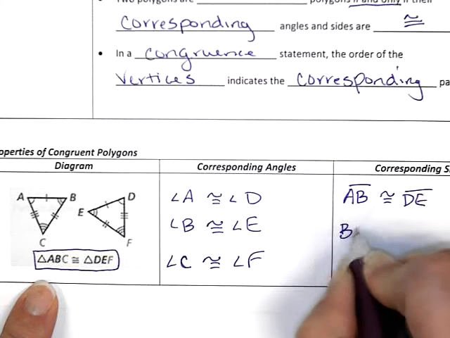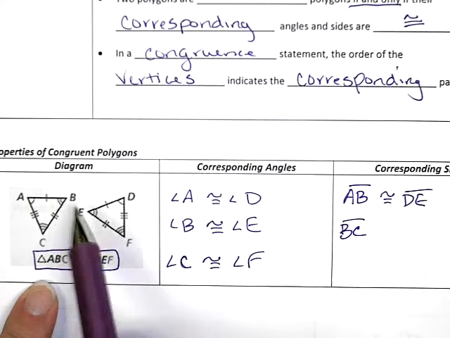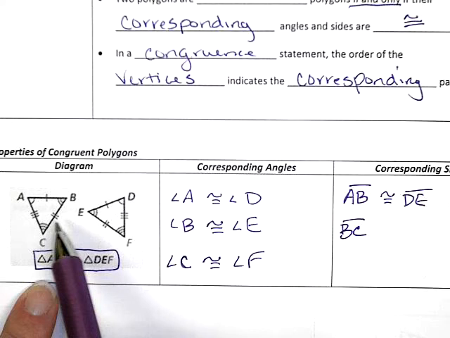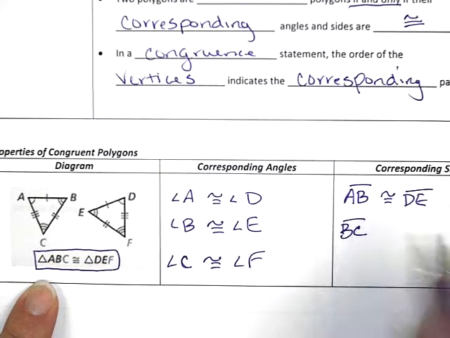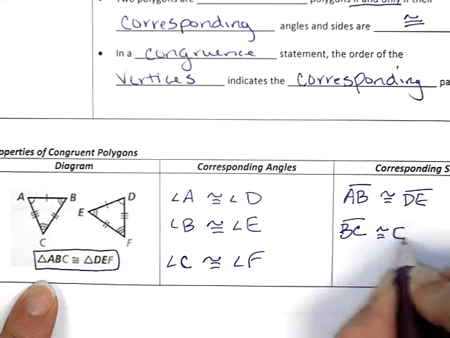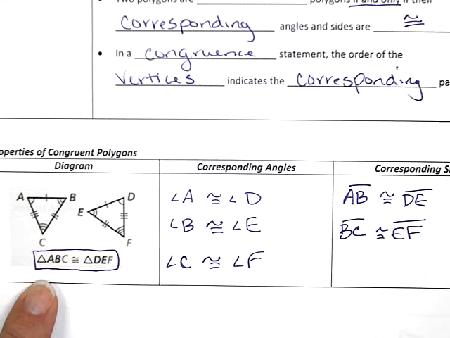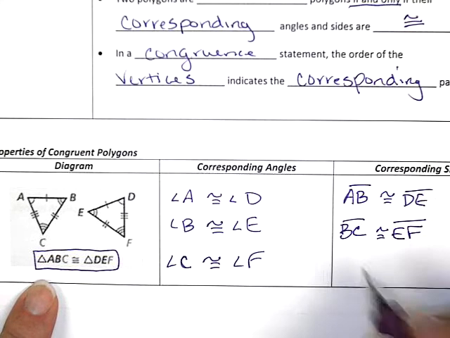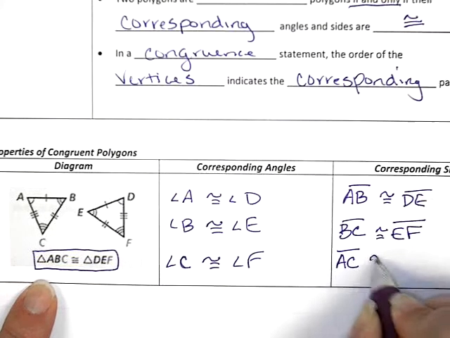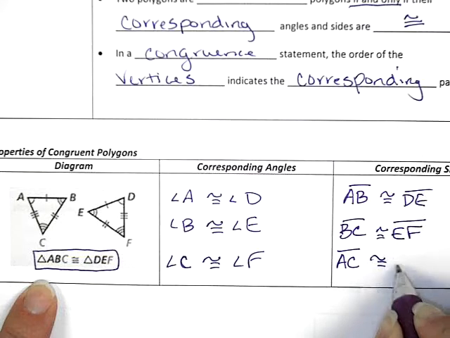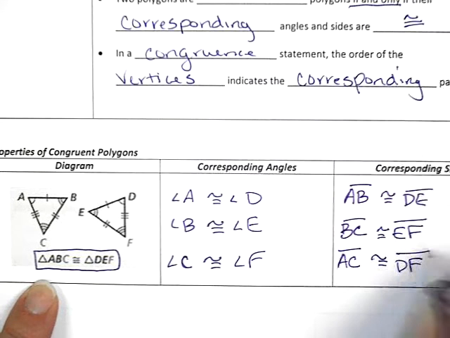Then we could say BC. All right, well, BC's got two tick marks on it. So the one over here that's got two tick marks, well, that's EF. So BC is congruent to EF. And then lastly, we would have AC. And AC would be congruent to DF.